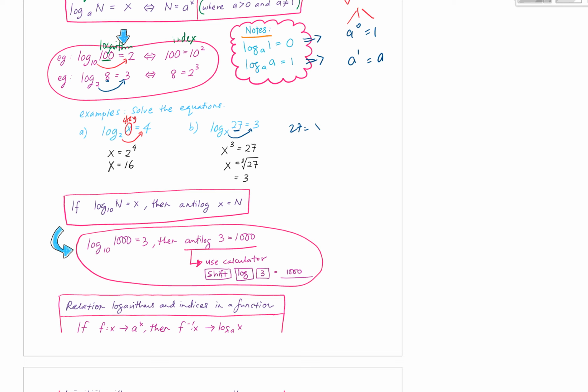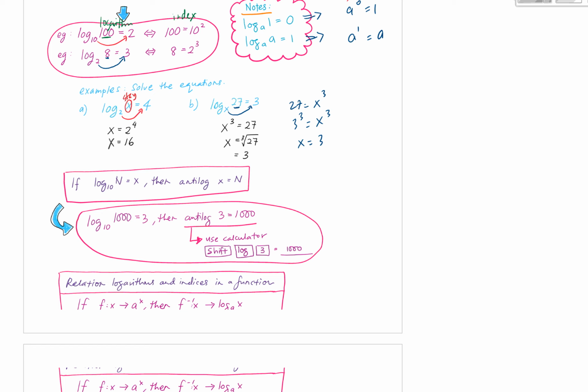So 27 sama dengan x kuasa 3. Nak selesaikan macam mana? Samakan dia punya power. Apa kuasa 3 dapat 27? 3 kuasa 3 sama dengan 27. So, x sama dengan 3. Dia sama je konsep indices tak berubah. Cuma this time kita relatekan macam mana index form tu berkait dengan logarithm form.